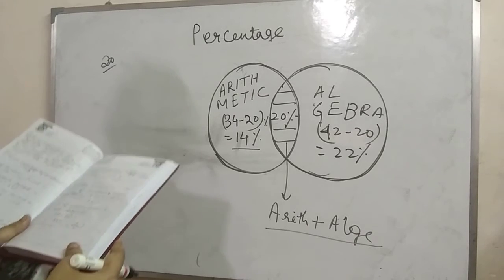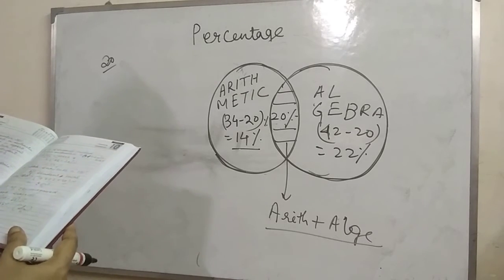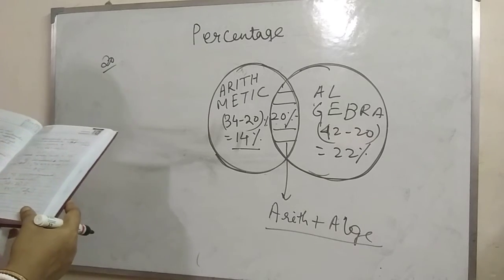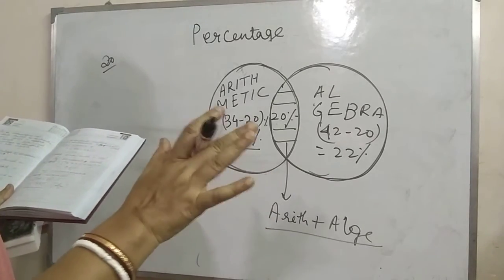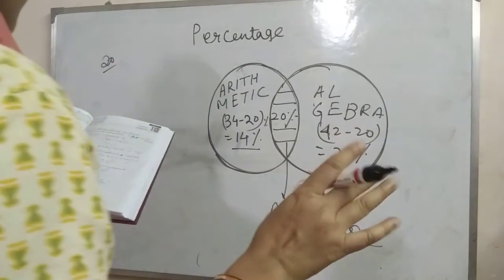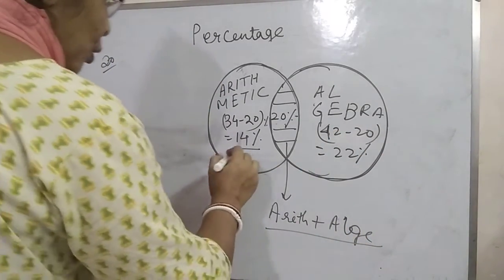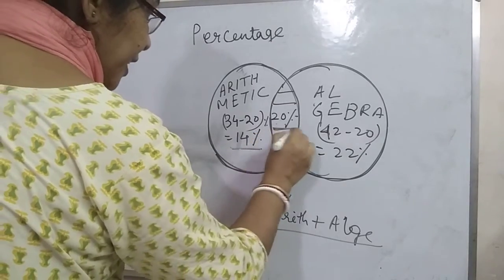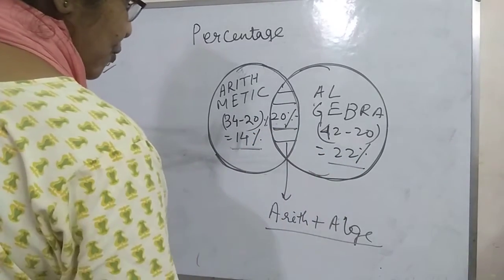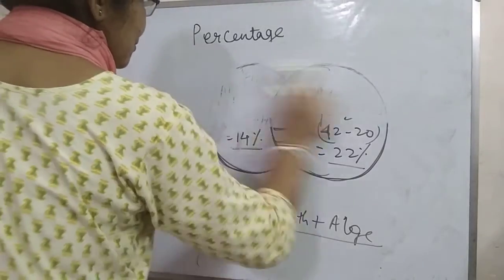That means I can write total students 100, total strength 100. In 100, total failed students 14, 20 and 22.